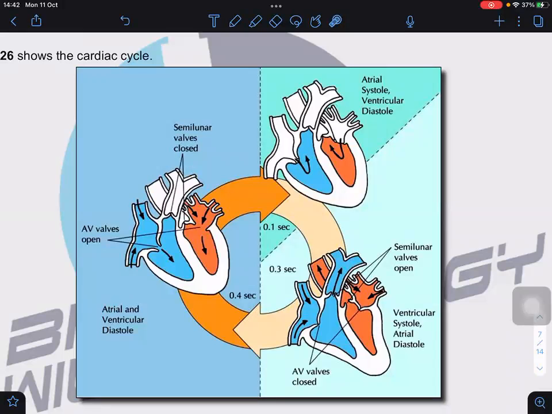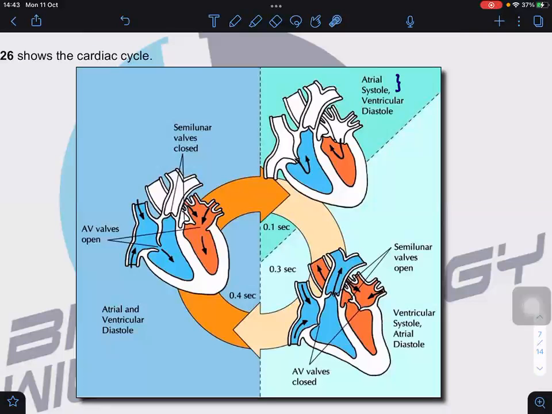So in the whole process, very important, the first thing you can see is that the atrium contracts. So we start with the atrial systole, characterized by the contraction of the atrium. When the atrium contracts, the blood is going to flow from the atrium to the ventricle, correct? Why?